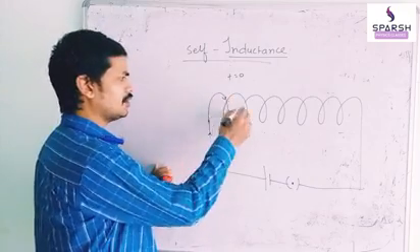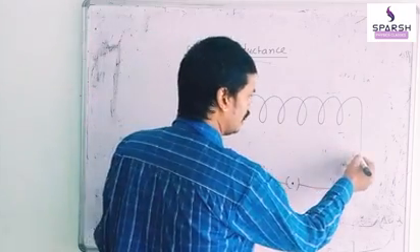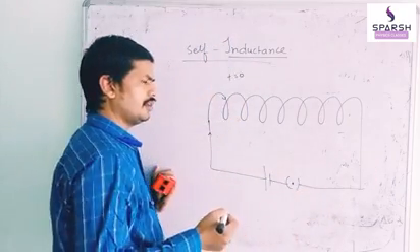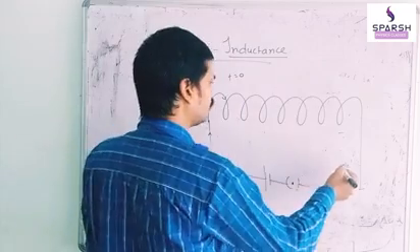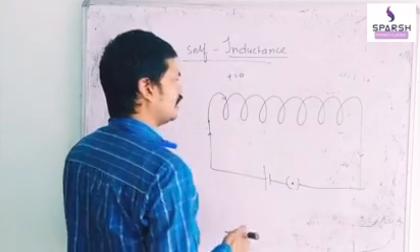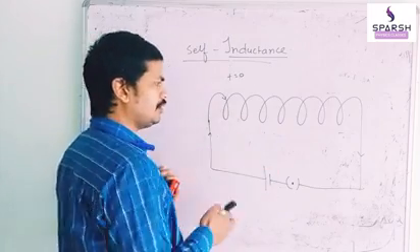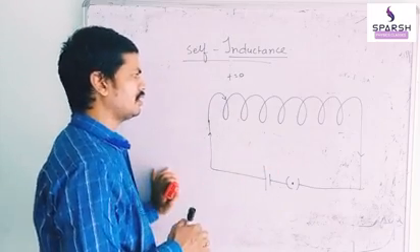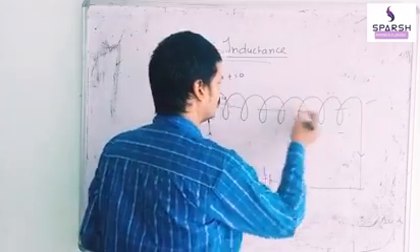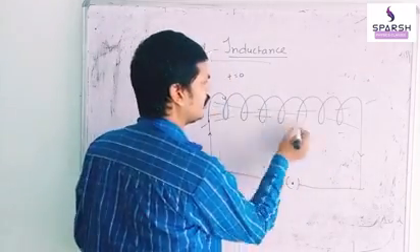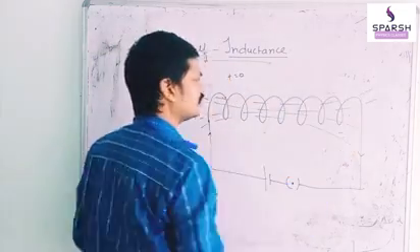Current starts flowing in the coil, and when this current changes from time t is equal to 0 to t is equal to t, an EMF is induced due to this change in current, because the magnetic field linked with the coil is going to change with time.